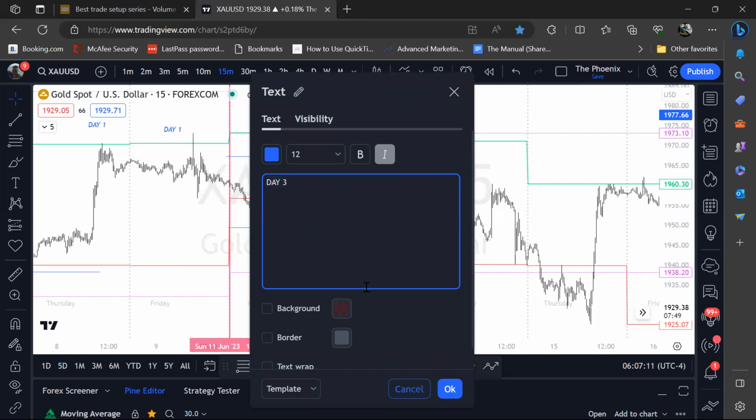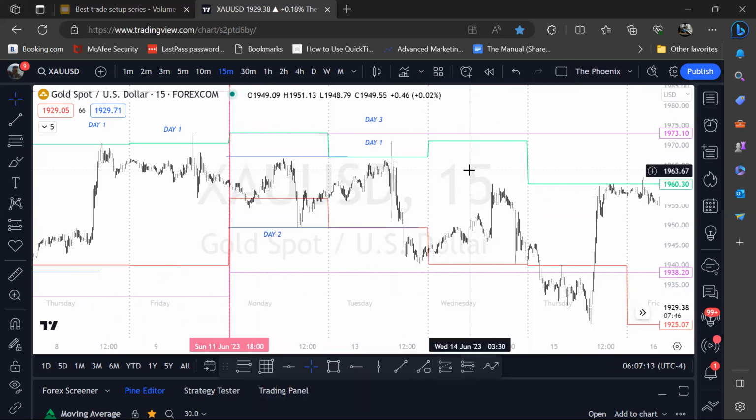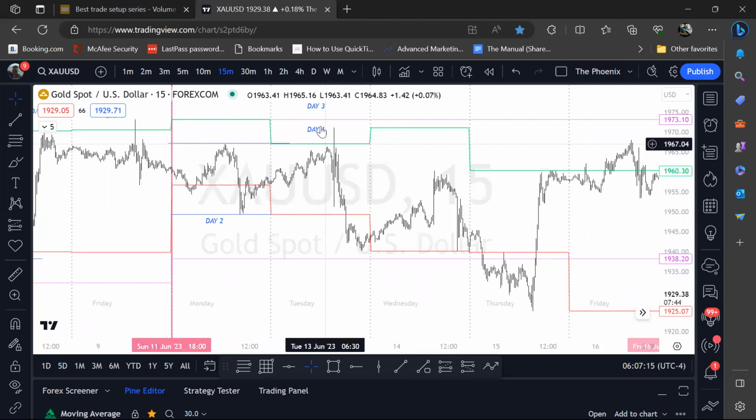So here we go. We have a false break at the high of the week. Price breaches the low of the week, but it does not close inside on the same day. So we're saying we are at day one because of the breach at the high here. But nothing has reset here because price remains outside of this range of the new week.